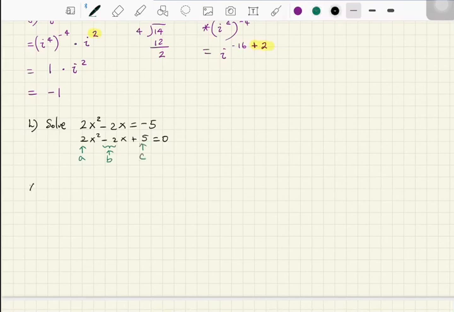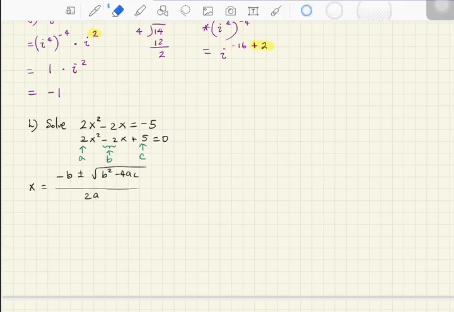So x is negative b plus or minus the square root of b squared minus 4ac, over 2a. So negative b becomes negative of negative 2, b is negative 2 squared, ac is 2 times 5, and a is 2.